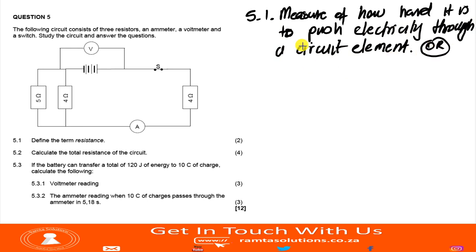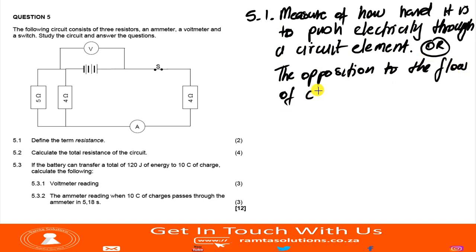Or you can simply call it opposition to the flow of charge. Otherwise you can also use the formula R equals V over I, in which you can say resistance is the ratio of the potential difference across a resistor to the current in that resistor.